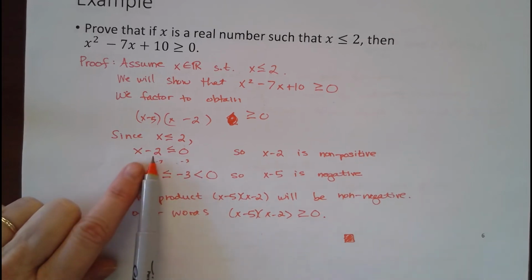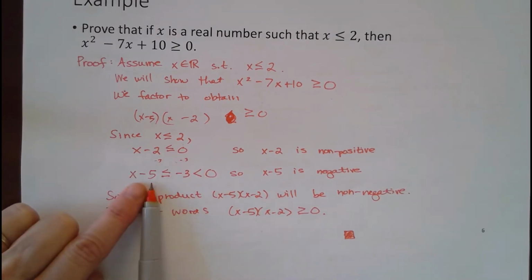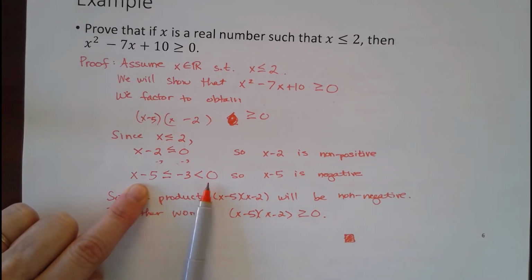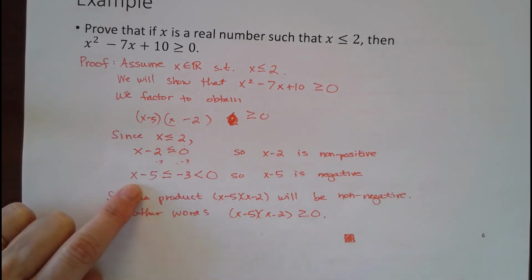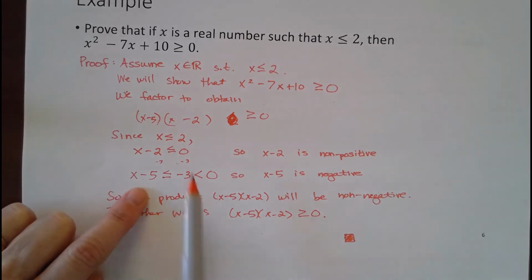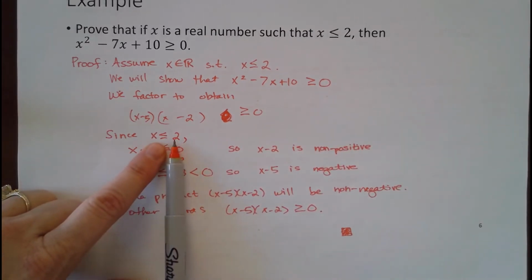And then if I subtract 3 from both sides here, that's where I got my x minus 5, so that I know that it's less than 0. I just subtracted 3 from both sides of this one, or you can think of it as starting with this one and subtracting 5 from both sides.